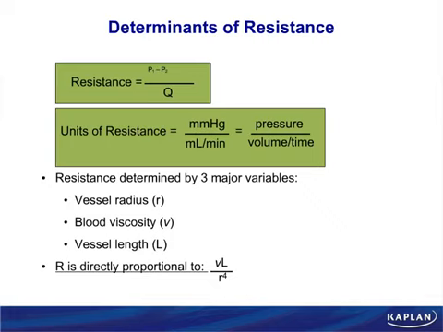So what is the key player here? It is radius, because it's radius to the fourth power. And radius can change, and change very rapidly. So let's talk a little bit about radius of a blood vessel and how it impacts hemodynamics.